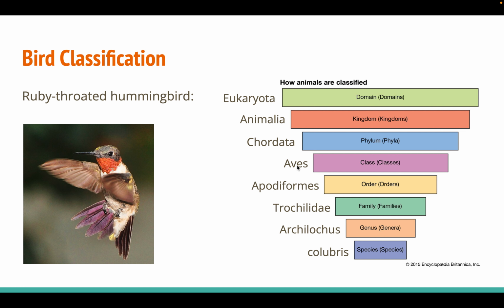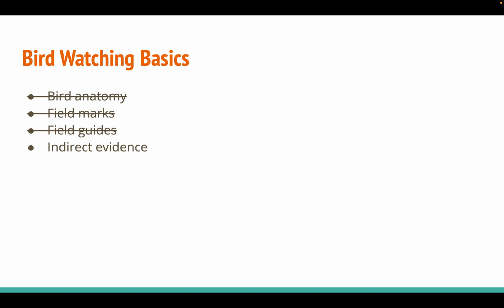You can see, again, it's part of class Aves, but it is of the order Apodiformes, family Trochilidae, genus Archilochus, and species Colubris. So the branch happens in the order for these birds. And there are millions of birds out there that you can find all kinds of different classifications for. Anyways, that's it for using a field guide.